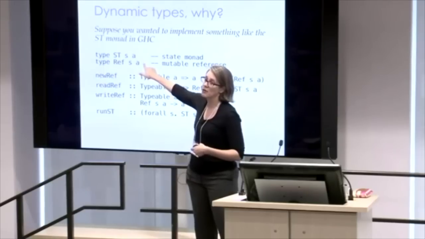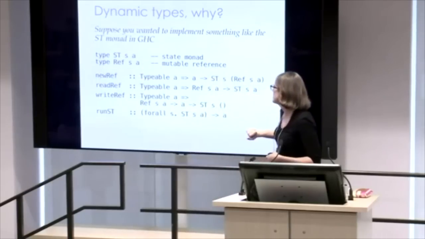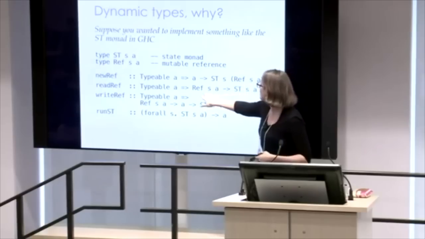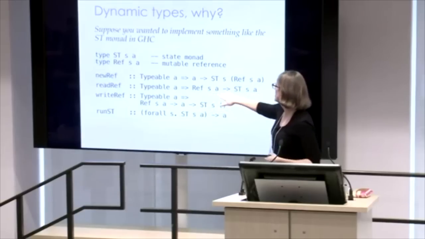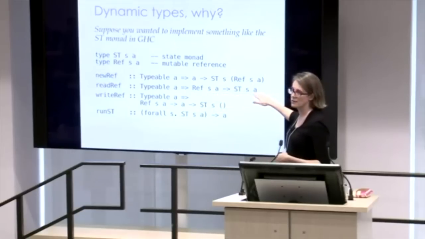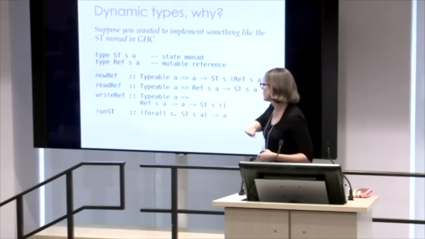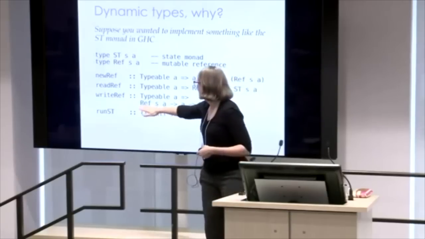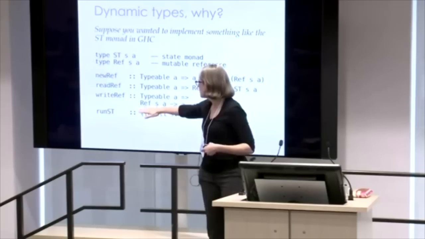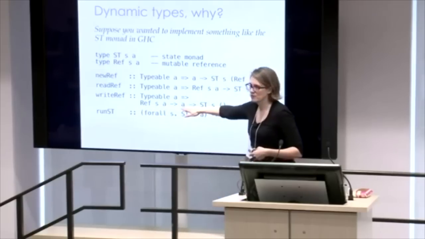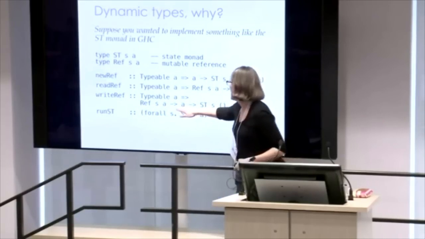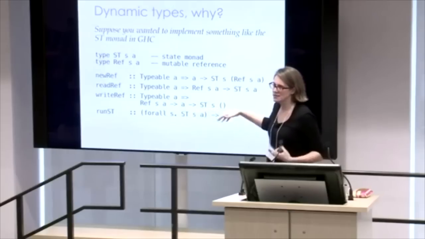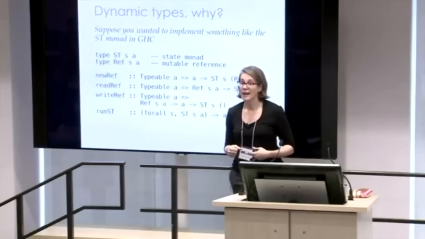It's a reference to a value of type a. If you have a reference to a value of type a, you can read from it. So the state monad will give you a value of type a by reading from that reference. And if you have a reference to a value of type a and you have a value of type a, you can update that reference. You can write to it, and the state monad just gives you unit because there's no result from writing.